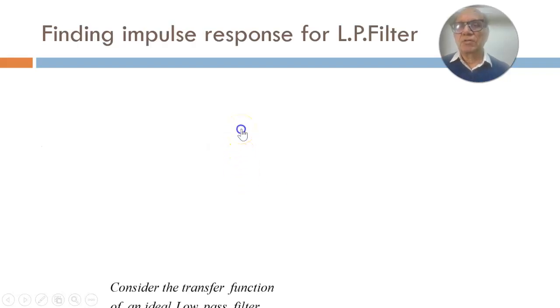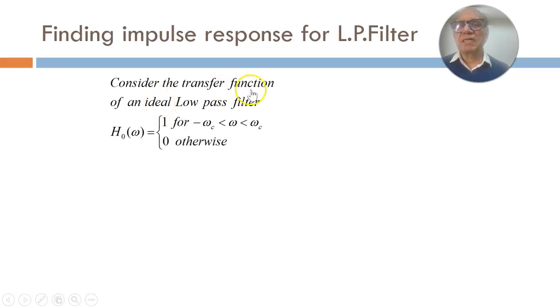Alright. So consider the transfer function of an ideal low pass filter. Its gain is equal to 1 for frequencies lying between minus omega c to plus omega c, where omega c is the cutoff frequency for the filter. And outside this interval from minus omega c to plus omega c, it is equal to 0.